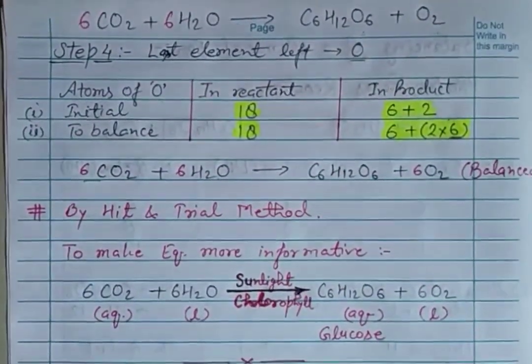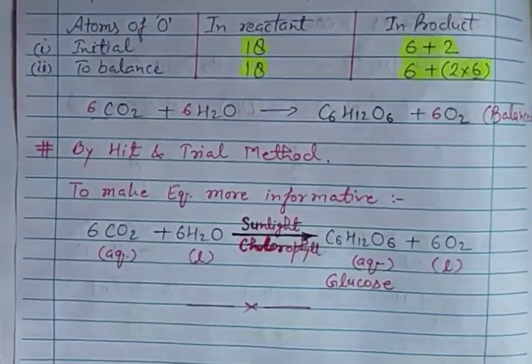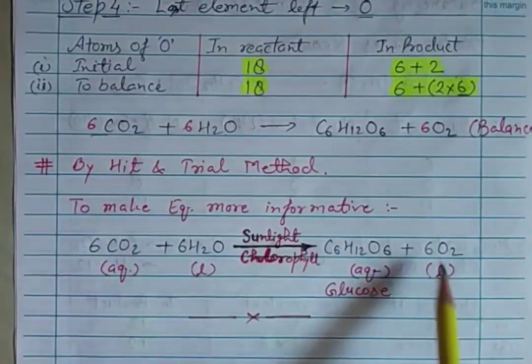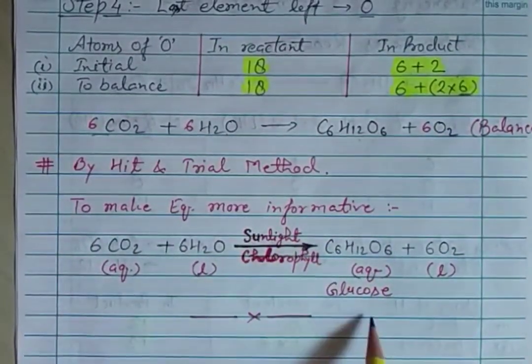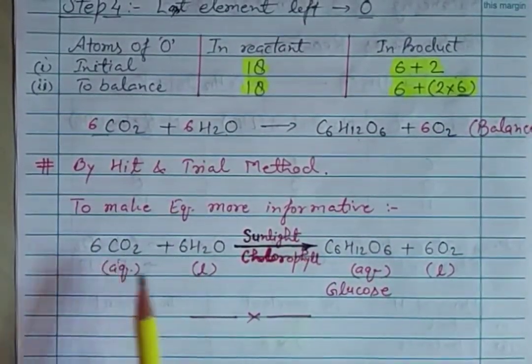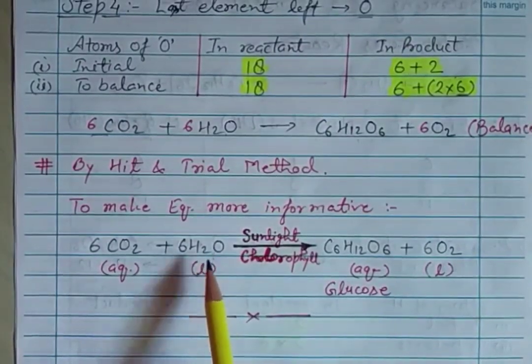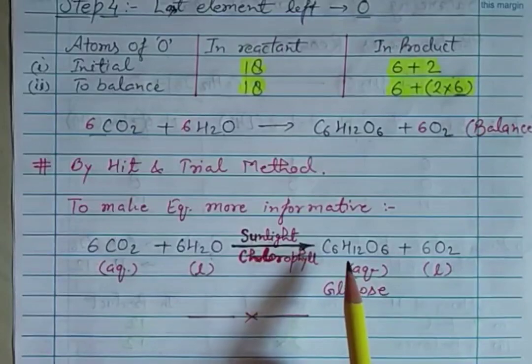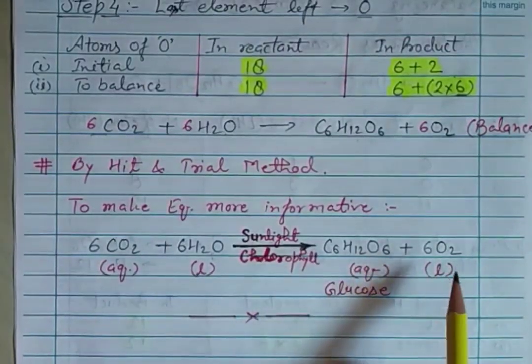Now, to make any equation more informative, what can we do? If we write the photosynthesis reaction completely, the carbon dioxide plus water required by plants, in the presence of sunlight and chlorophyll, make glucose and oxygen gas.